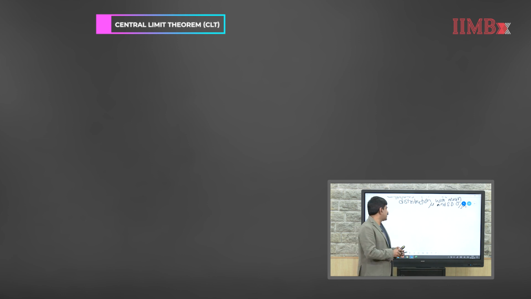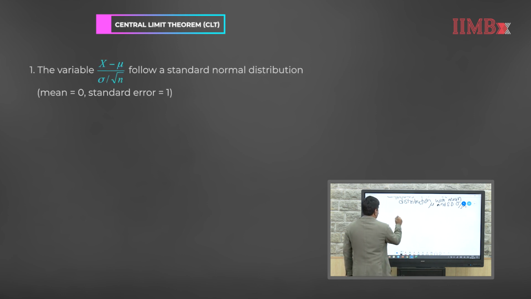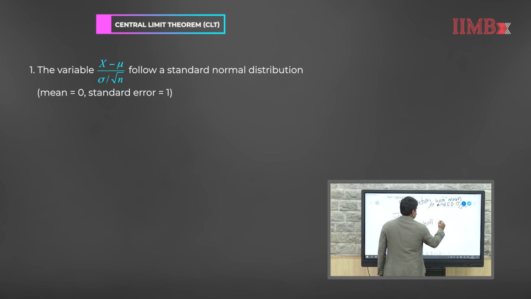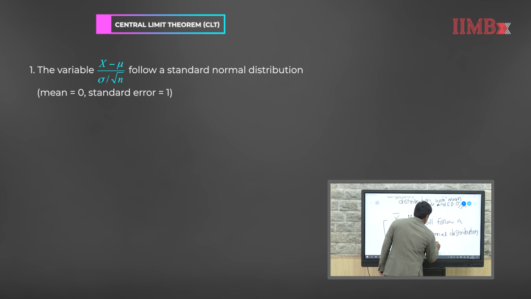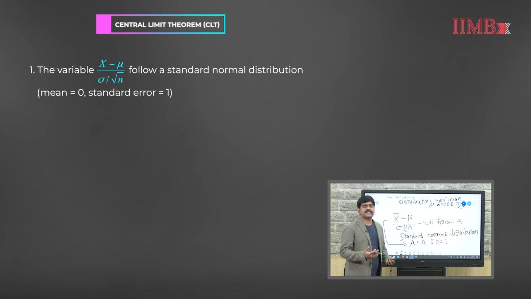If that is the case, then the value x bar minus mu divided by sigma under root n will follow a standard normal distribution, that is, this statistic will follow a standard normal distribution where mean is 0 and the standard deviation is 1. So that is the first property of central limit theorem.